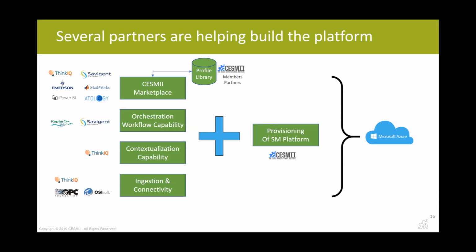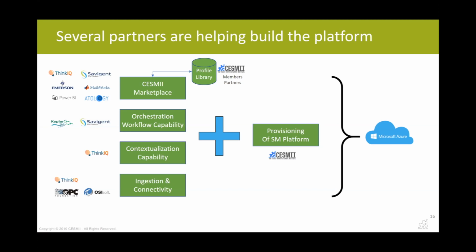I mentioned earlier that we are making a tremendous amount of investment in the platform, but more importantly, there are several partners who've actually stepped up to help us realize this vision. What you're seeing here are some of the names that have stepped up, including partners like ThinkIQ, Savigent, Emerson, MathWorks, Atomology, Kepware, as well as OSI.